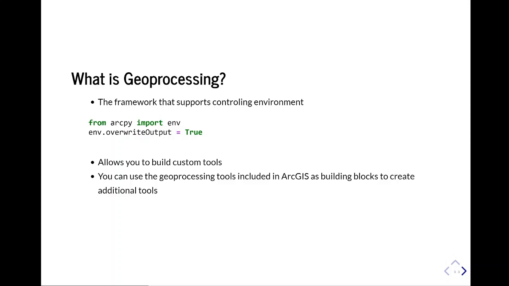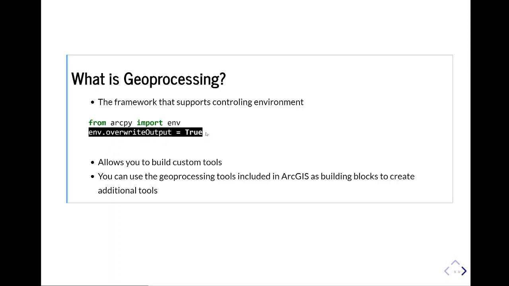So we can import that by doing from ArcPy import env, and then start accessing properties. One property that's really helpful at times, especially when you have a lot of intermediate data and you don't want to have to manage it every time you run it, is env.overwriteOutput. When you set that to true, it tells the geoprocessing tools that they can go ahead and erase this information if it's there, so your output data.